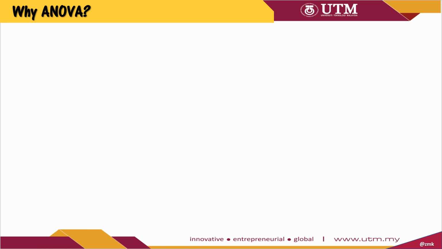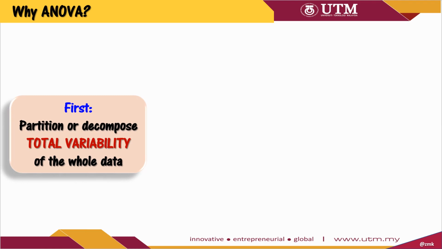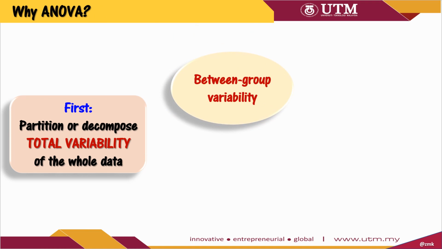The one-way ANOVA approach then begins first with partitioning or decomposing the total variability of the whole data into 2 components. The first component is the between group variability. In the alcohol example, the between group variability refers to the variations between types 1, 2, and 3.